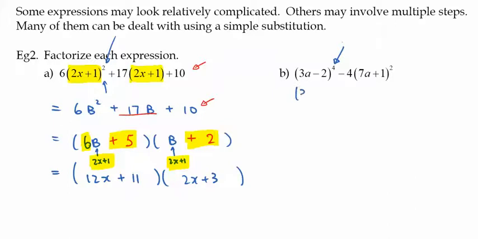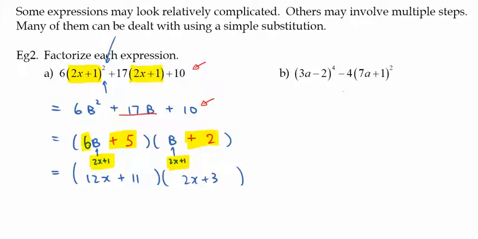You don't want to expand your 3a minus 2 by 3a minus 2 and 3a minus 2 and 3a minus 2. Unless you want to practice your algebra. But once you've expanded, you still wouldn't be able to factor this because you have just made this whole thing more complicated. When you want to factor your expressions, you want to make it simple. You want to make it easy to deal with.